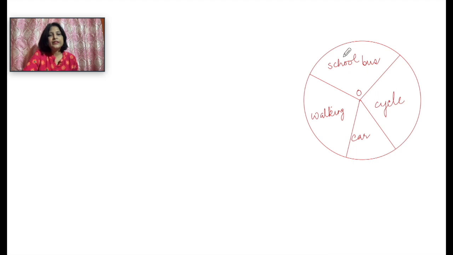So this graph shows the relationship between the whole of the circle and a part of it. The size of each sector is proportional to the information represented by it.